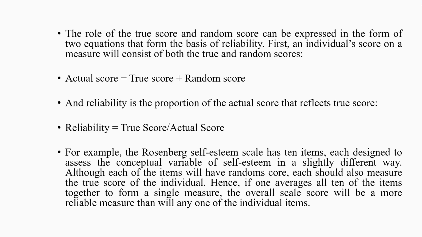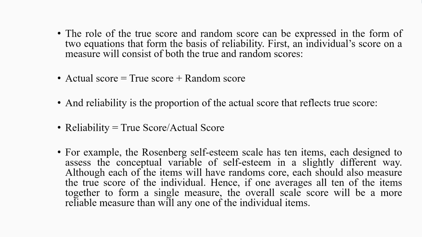An individual score on any measure, m of x, will consist of both the true score and the random score, and the reliability that you want to arrive at is the proportion of the actual score that reflects the true score. So, reliability will be true score divided by true score plus random score, or actual score, and that gives you a reliability estimate of how good these measures are.